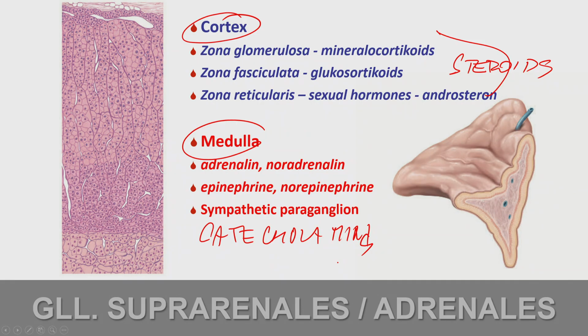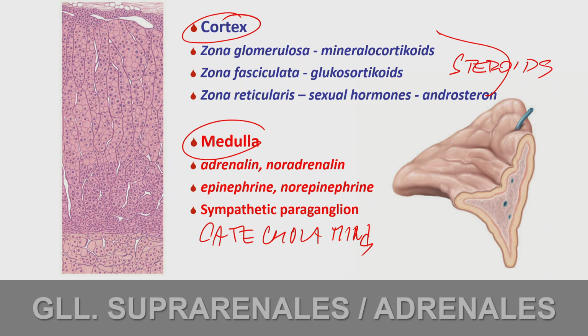What's adrenaline and noradrenaline? The same names. We in middle of Europe use adrenaline, noradrenaline. And some of you are from Germany. Germans use also adrenaline, noradrenaline very frequently, but also they use epinephrine. But in our country epinephrine is not used.